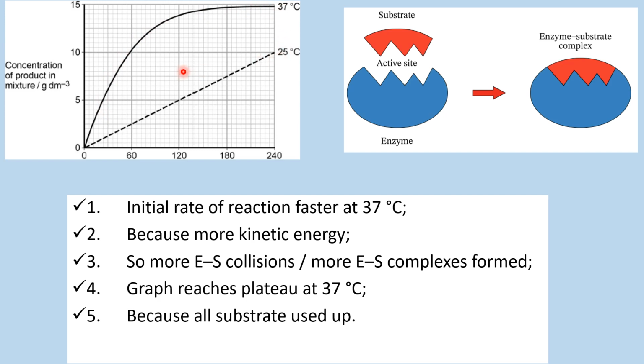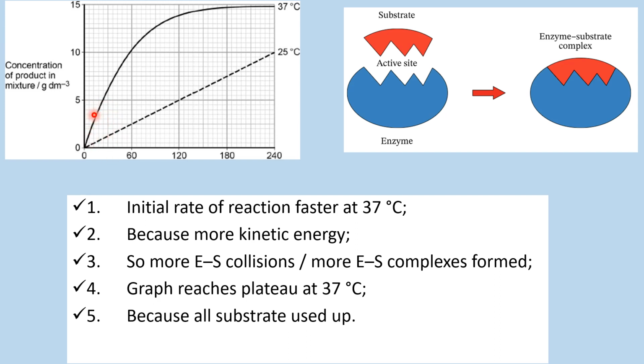That's incorrect because the first curve, 37 Celsius, is not a straight line. So the rate of reaction does vary and it slows down here. But at the beginning, this is kind of straight and much steeper compared to the other curve, for certain. So you can say the initial rate of reaction is faster at 37.